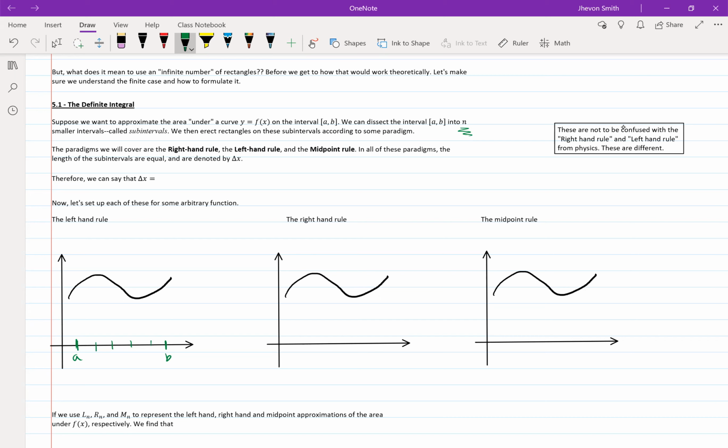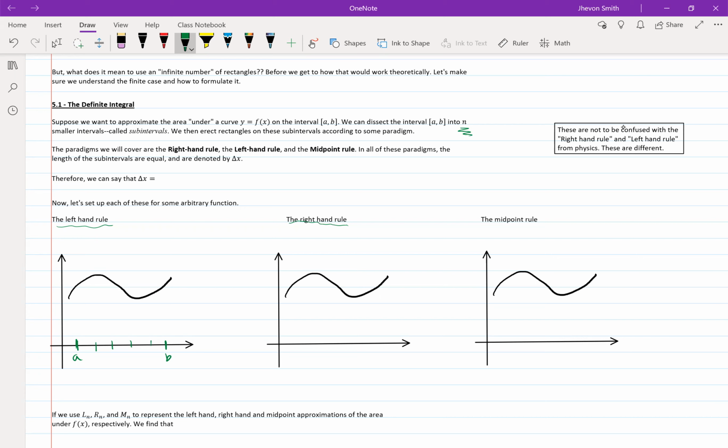Now, one way you can choose how to construct these rectangles is called the left-hand rule, okay? The left-hand and right-hand rules that I'm referring to here, there are left-hand and right-hand rules in physics and in other subject areas. Well, this one is different from all of those. What do I mean by the left-hand rule for creating rectangles? On each of these sub-intervals, I want to create a rectangle.